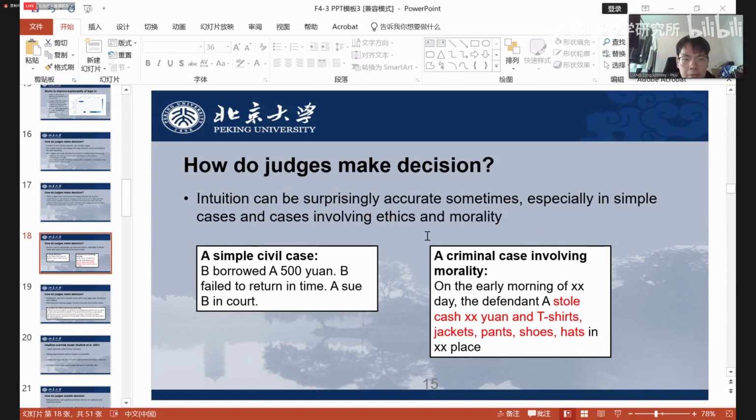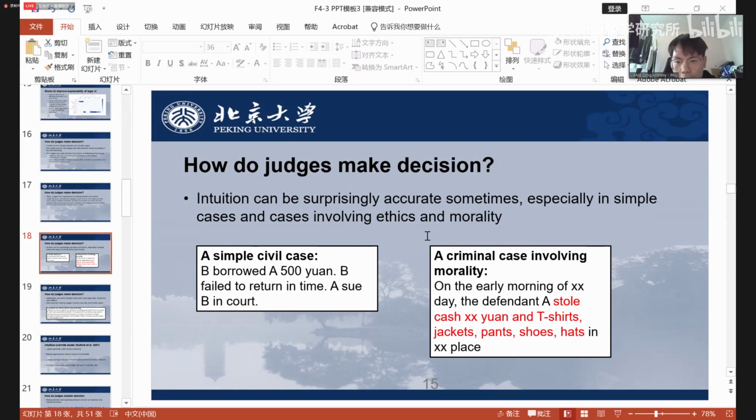A lent money to B, the amount is 500 yuan. But B failed to return this money in time, so it went to court. I think not only judges, but we, ordinary people, can make an appropriate judgment.